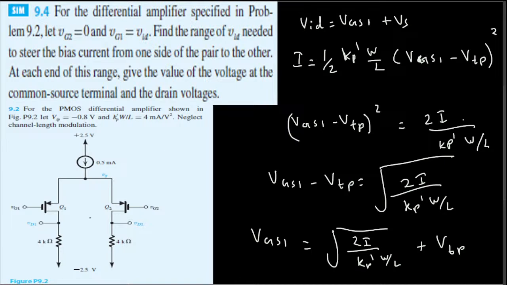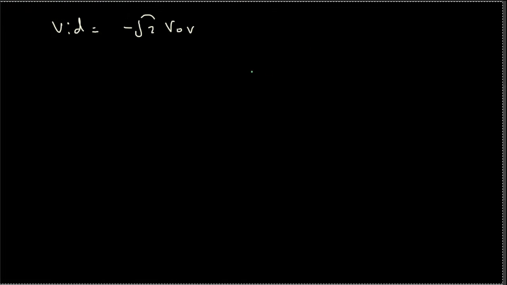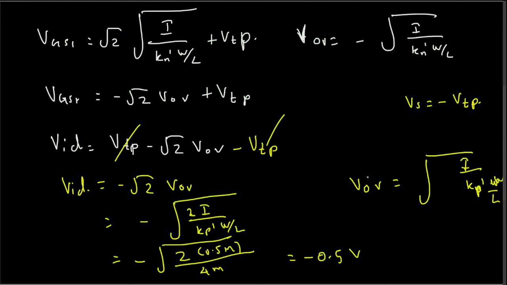Okay, so the equation we derived is VID is equal to negative square root of 2 V over V, and if we go to the other side of this MOSFET, the only difference is now the V over V is going to be a negative value. Before we had it to be positive, and now we are going to have it to be negative.